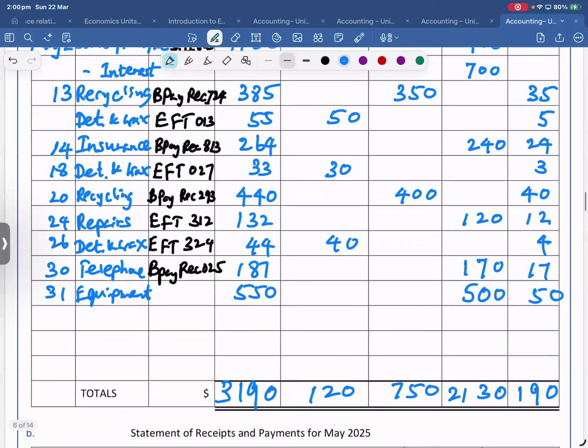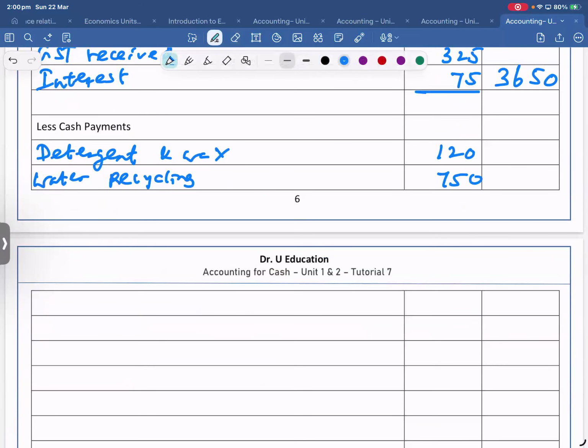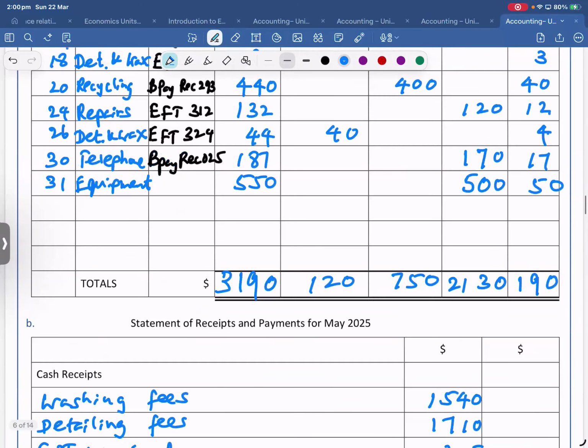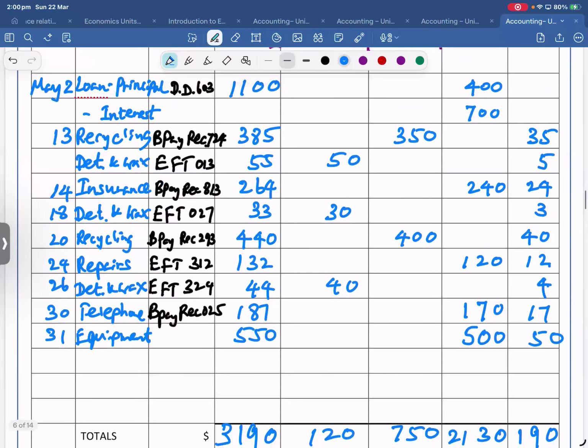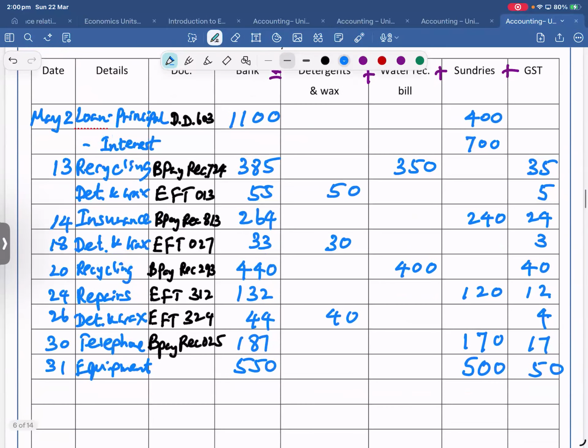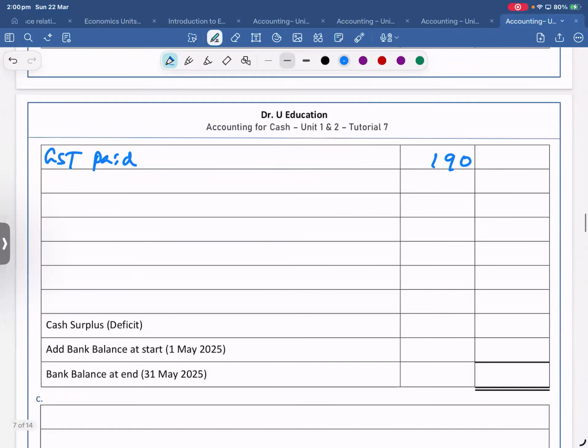Next one, GST paid 190. Right. Next one, we have firstly loan principal 400, interest 700.